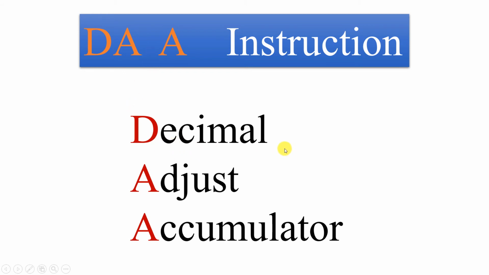So when you decimal adjust the accumulator, then automatically the microcontroller will make the corrections and give you a BCD result when you try to add two numbers which are BCD. So that is called the decimal adjust accumulator instruction.